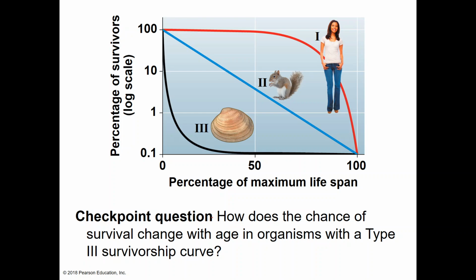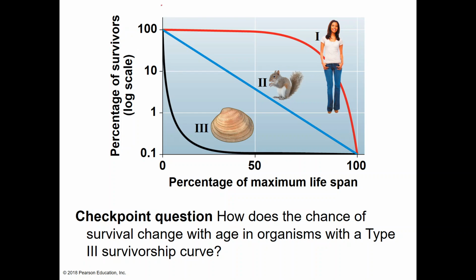Okay, I mentioned that there are curves and graphs. So there are other kinds of graphics that we can use to communicate scientific information. And this is a survivorship curve. Survivorship curves plot the survivorship as a proportion of individuals from an initial population that are alive at each age.